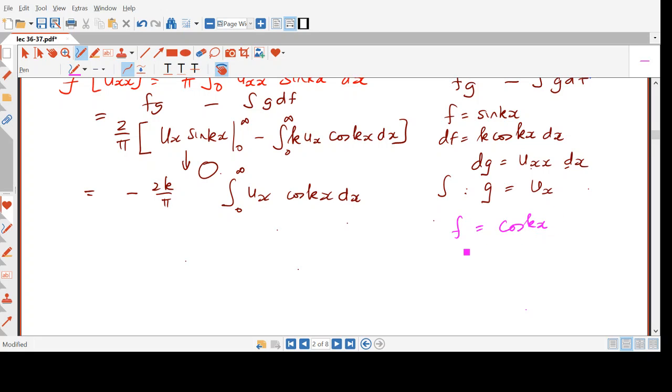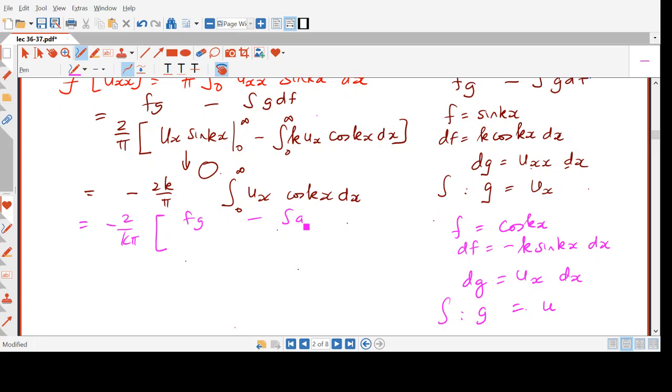So df is equal to minus k sine kx dx, and let dg be equal to ux dx. And if you integrate this once, you get g equals just u. So this becomes minus 2k over pi, and this is fg minus integral g df.